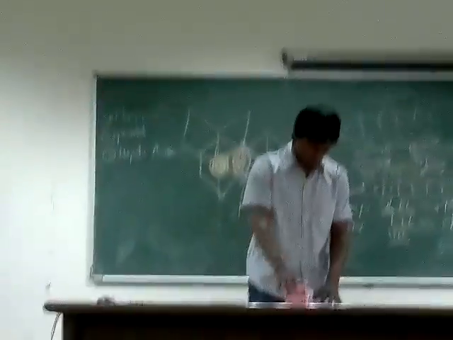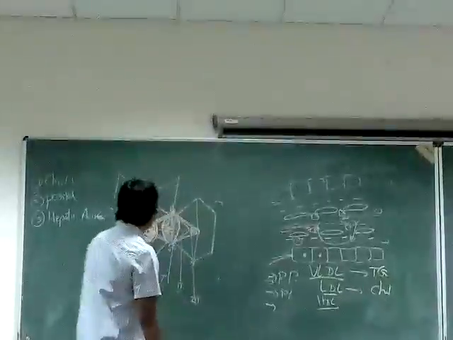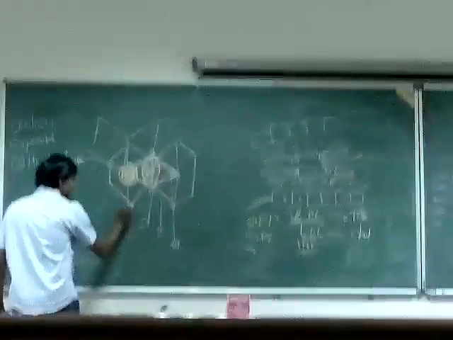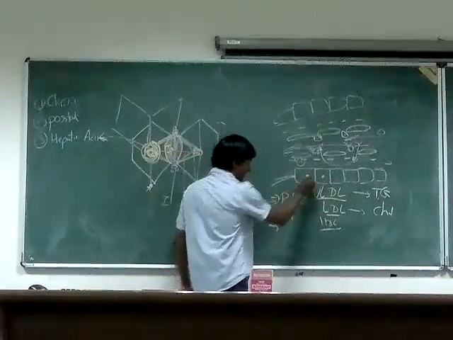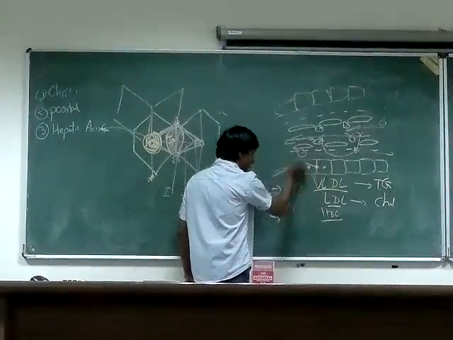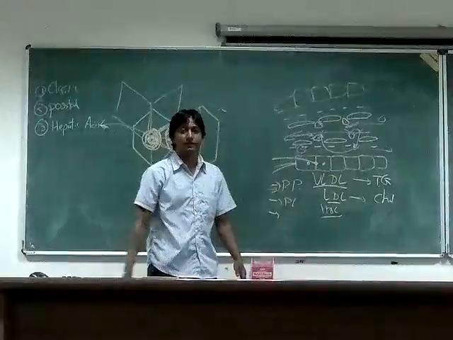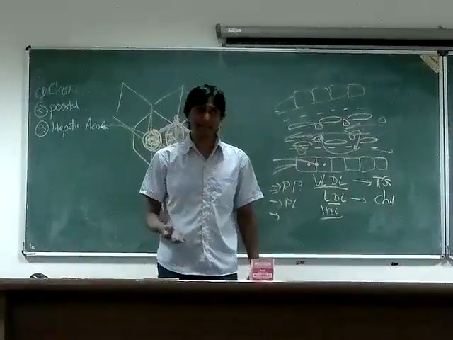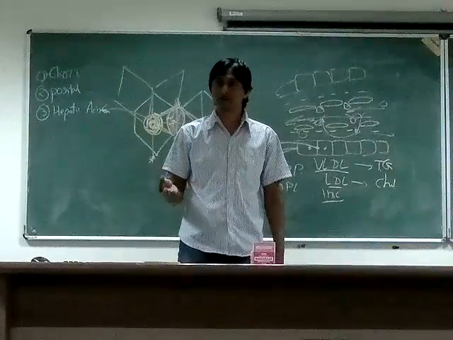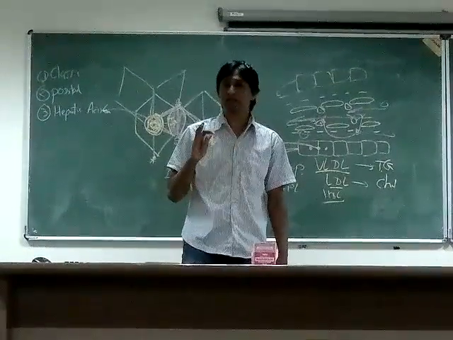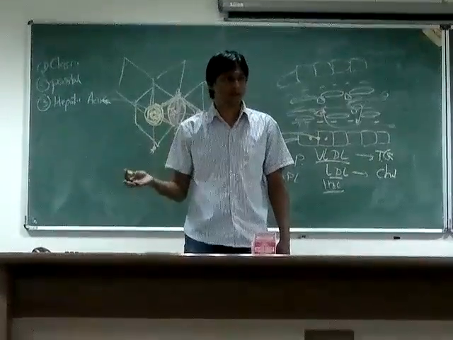Now, suppose this is a bile canaliculus. From here the bile comes out into the canal of Hering, from the canal of Hering into the cholangioles, and from the cholangioles into the hepatic duct.